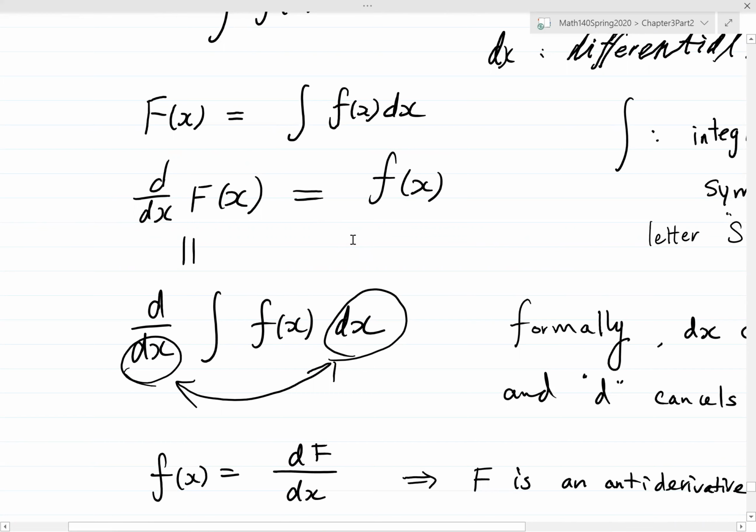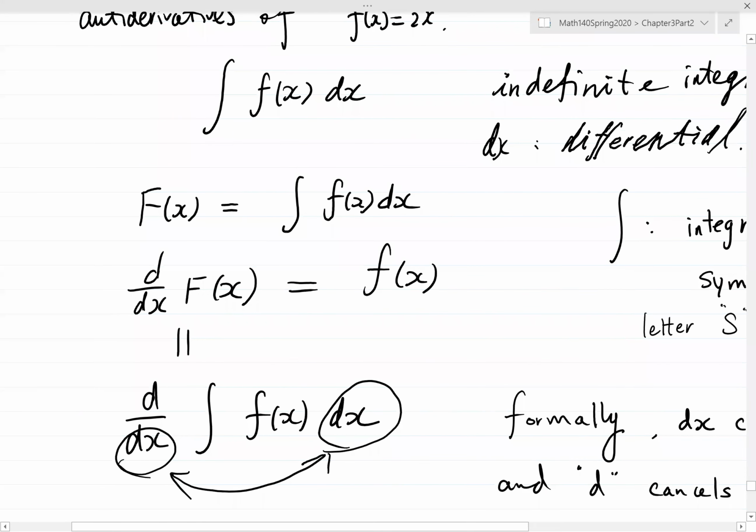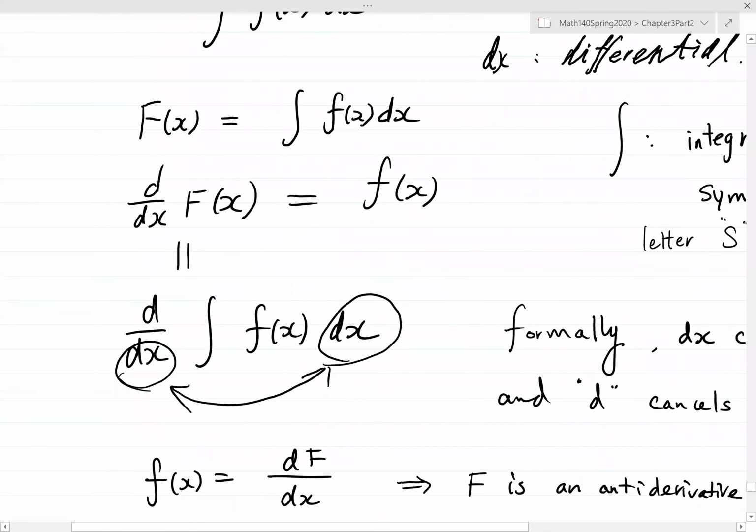Now, let me explain why we have a dx here. If you play around with the logic, the derivative of an antiderivative will be the original function itself.